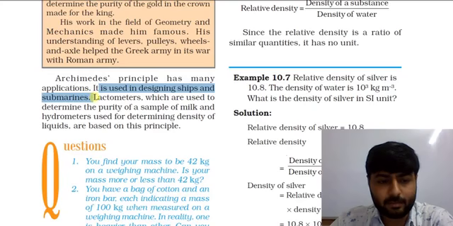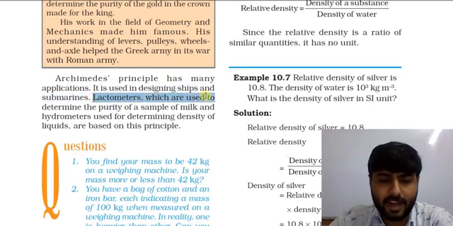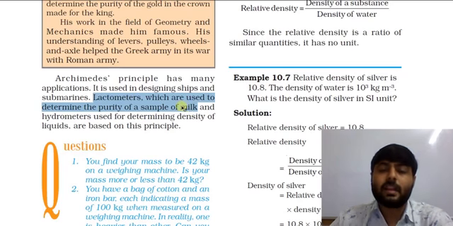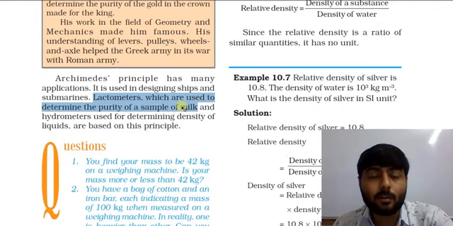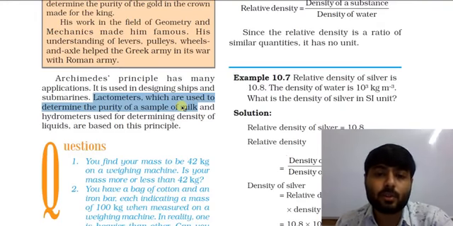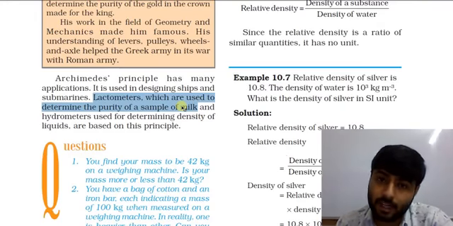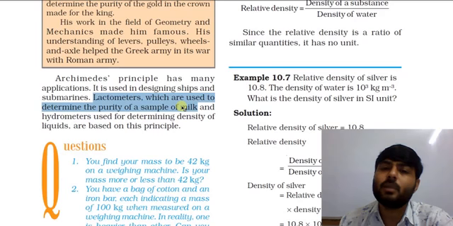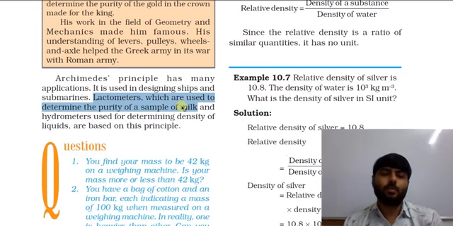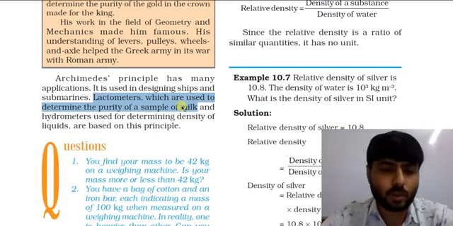We have to mark it. This may be asked as a 1 mark question. What is the principle of lactometer? Which equipment is used to measure the purity of milk? Or another type of question, what is the use of lactometer? So we have to mark all these short questions.